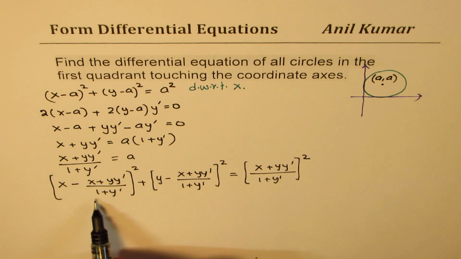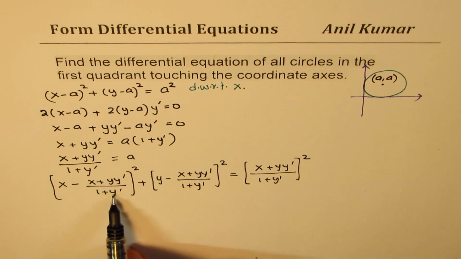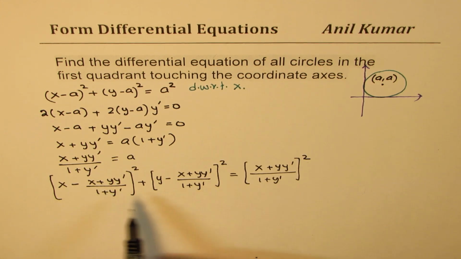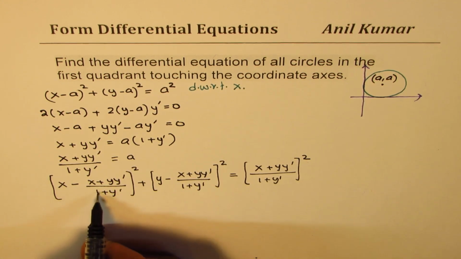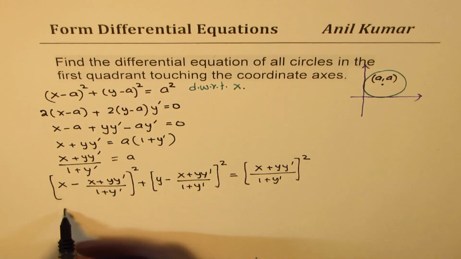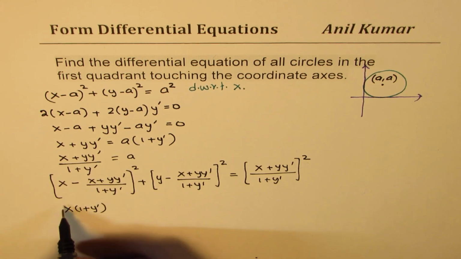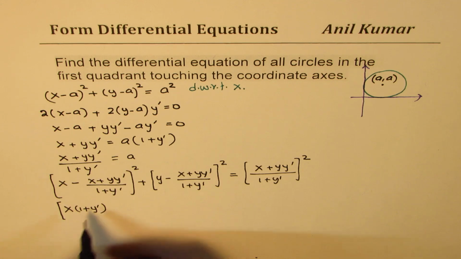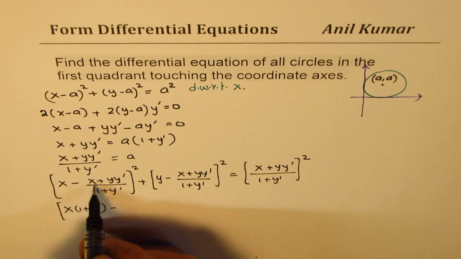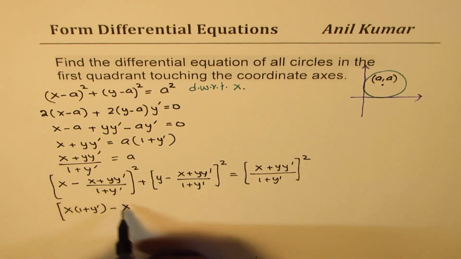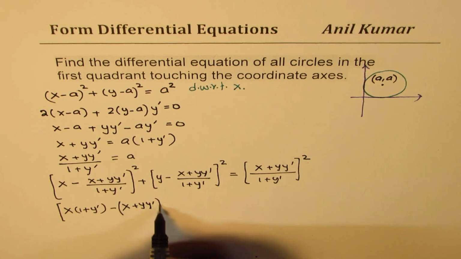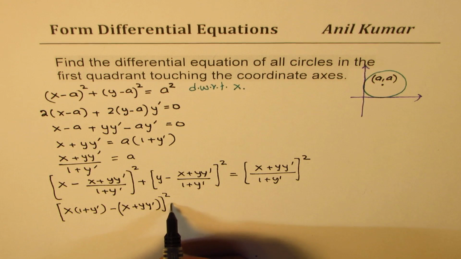Now we can multiply all these terms by (1 plus y prime) whole square, so that gets cancelled. So before that we can multiply it here. So we get x times all this, x times (1 plus y prime). Let me maintain the brackets. Plus we have minus x, let's write in brackets, plus y prime, whole square.